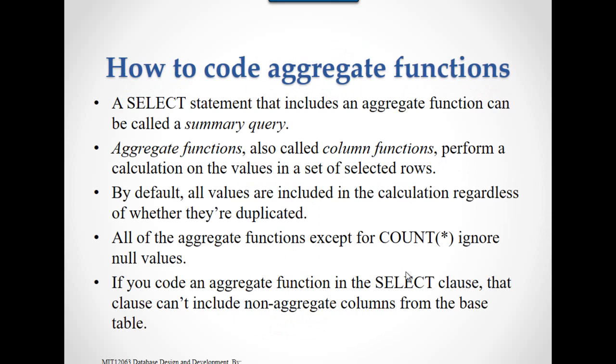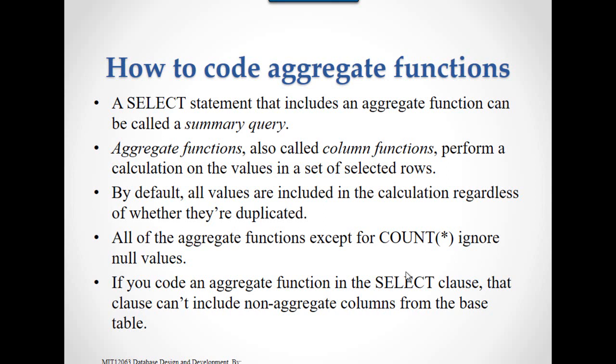Aggregate functions include summing up, finding the minimum, finding the maximum, averaging, counting the number of records, and counting the records that have non-null values. These functions are called aggregate functions, and also column functions because they perform the operation on columns. So we will see how we can code these SQL queries using aggregate functions.